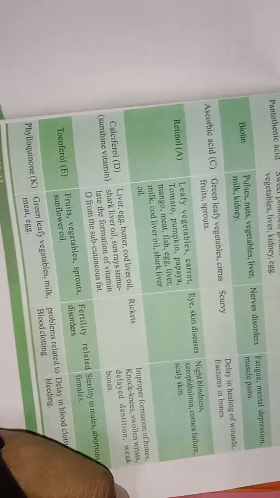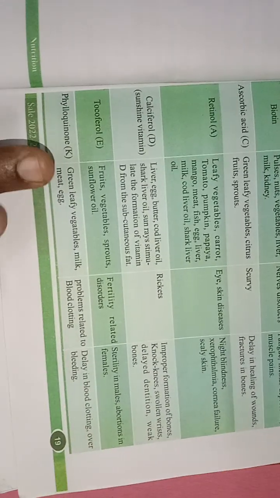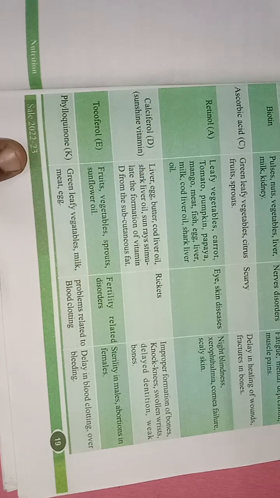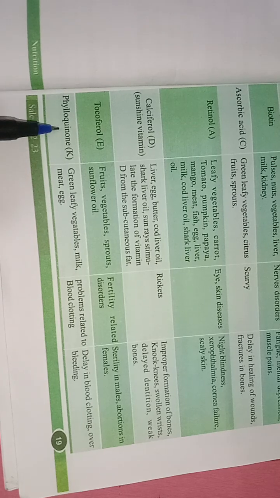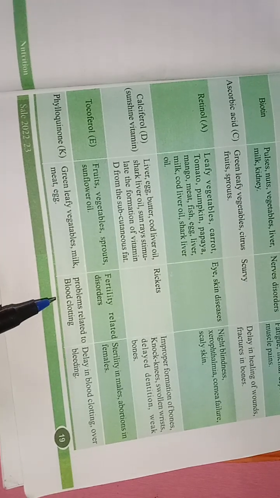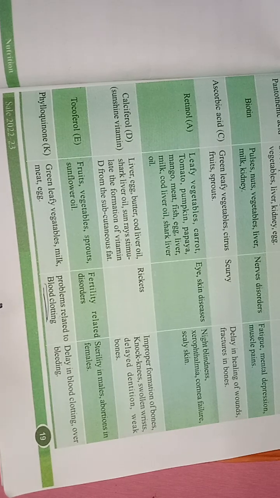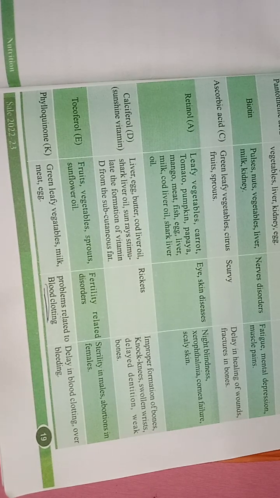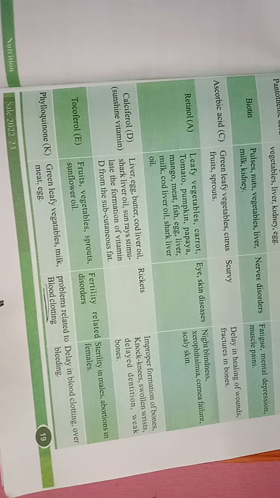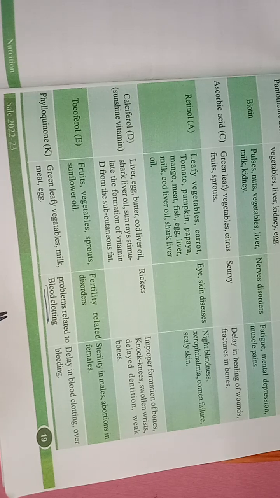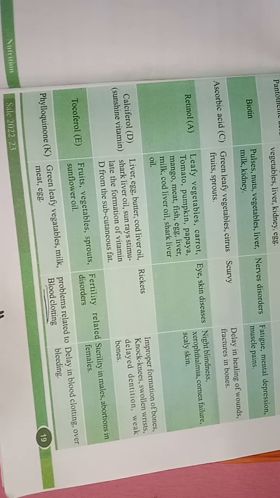For this table, I am coming from the bottom because from bottom to top it is very easy to remember. Phylloquinone, right? Problems related to blood clotting. If a person is suffering from vitamin K deficiency, delay in blood clotting may happen, and over-bleeding may happen.